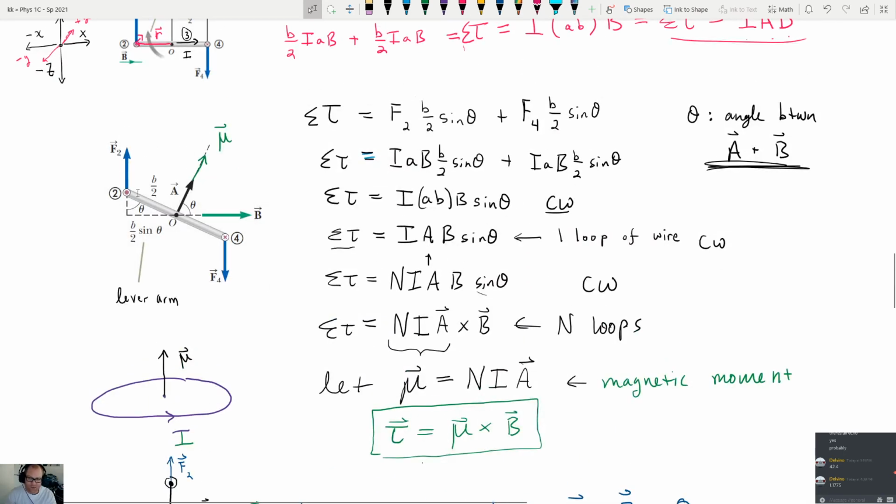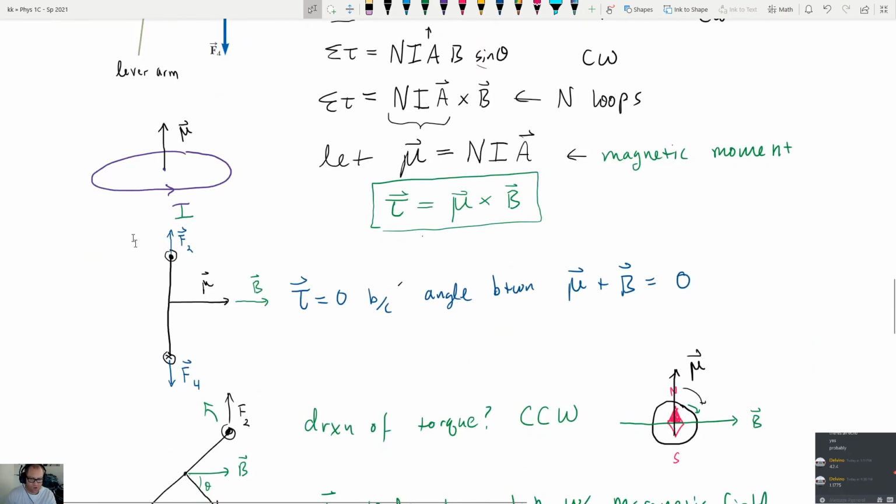However, if we can change the direction of the current, so that when it got to this position right here, we flip the direction of the current, then we can actually make this loop rotate in a circle. Every 180 degrees, if we flip the direction of the current, we can basically make it rotate over and over and over again. Okay?